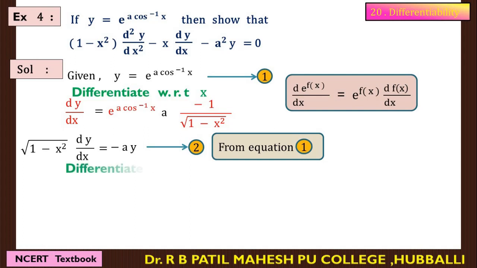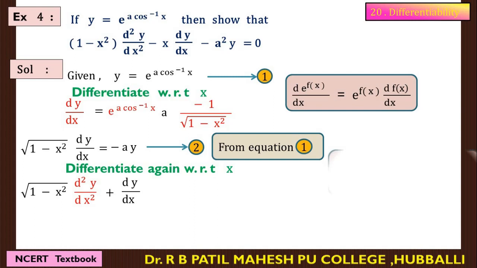The next step, differentiate again with respect to x. So on the left side we have a product of two functions. Using the product rule it is differentiated. Root 1 minus x square as it is, dy by dx derivative is d square y by dx square, plus dy by dx as it is, and the derivative of root of 1 minus x square, which is of the root f of x form.